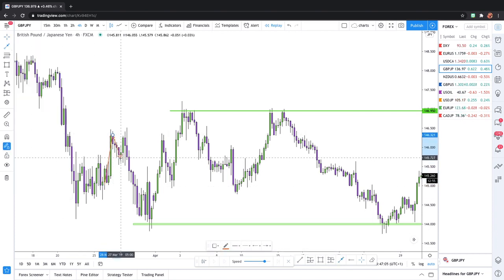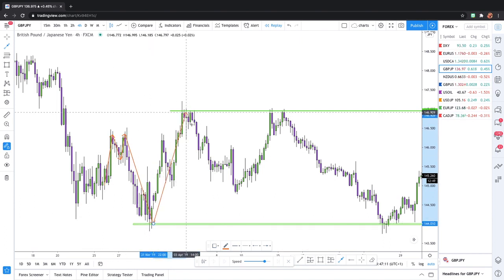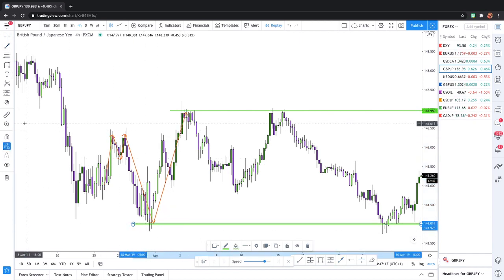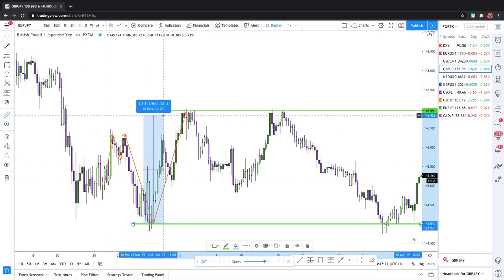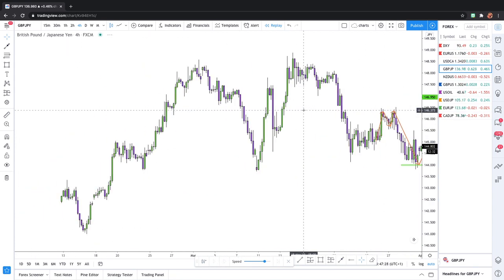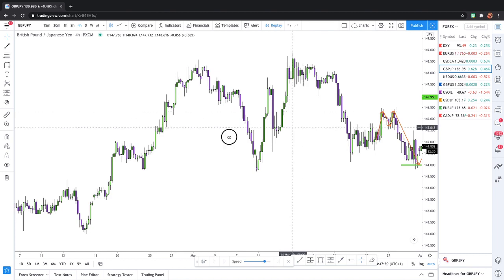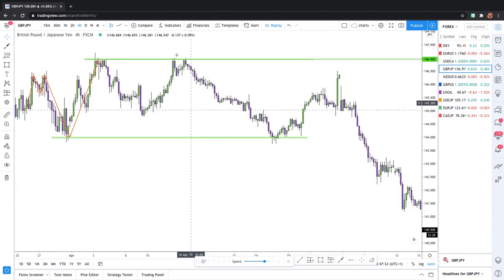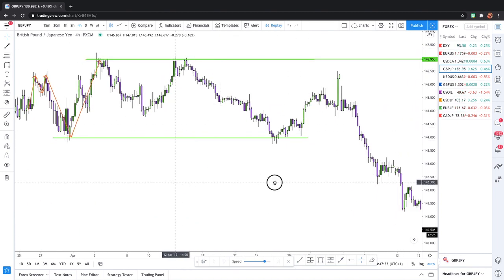M pattern creates, comes down, touches support, and reverses. Okay, so just after this M pattern was formed, that is almost 300 pips. So all of these confluences together will give you a ton of pips, but you have to make sure you're taking it from these major levels.